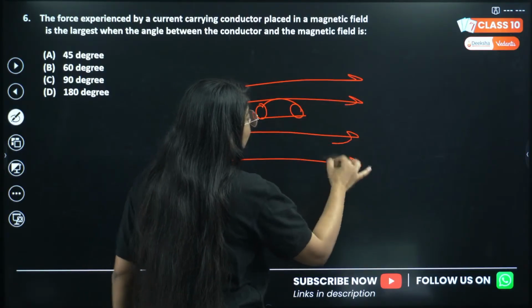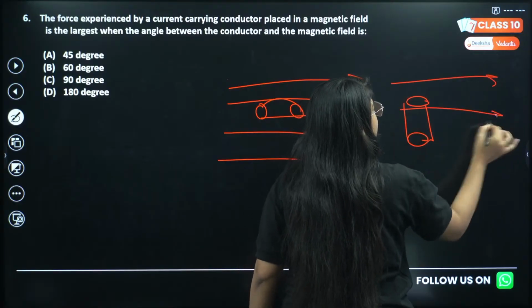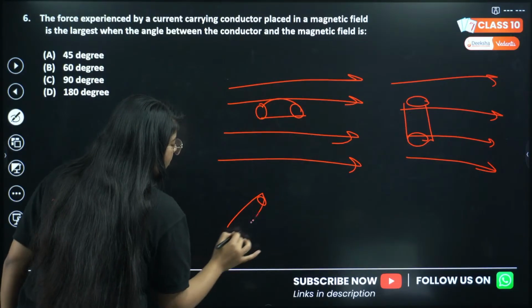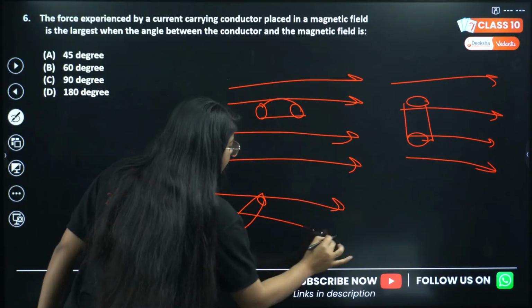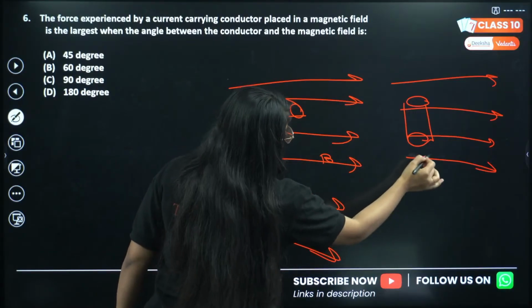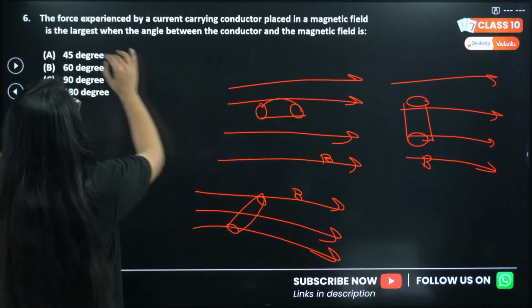Now there can be two chances. My conductor can be like this, and this is the magnetic field, or my conductor can be at an angle somewhere and the magnetic field can be like this. In which case will the force be the largest?